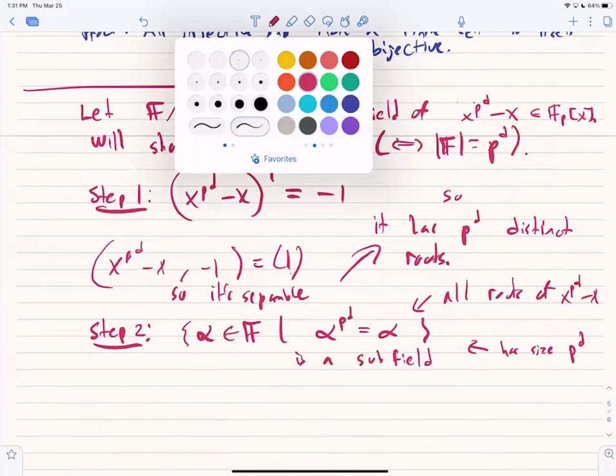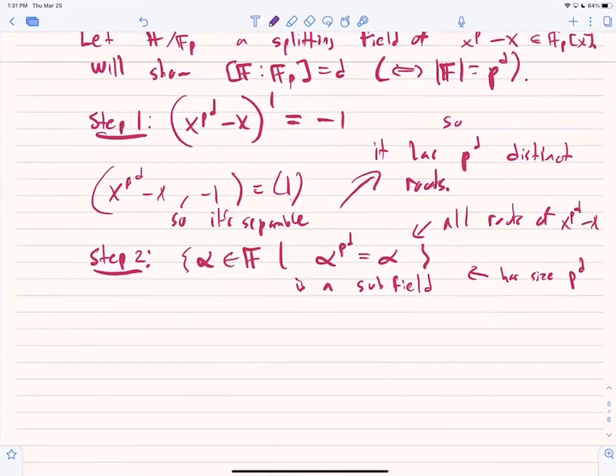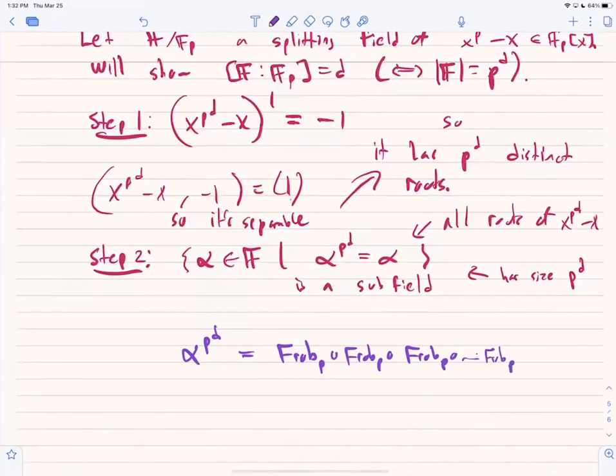We could say this more concretely, but let me say it as part of an abstract statement. Note that alpha to the p to the d is equal to Frob_p composed with Frob_p, and so on. I take this field automorphism and compose it with itself d times, applied to alpha.